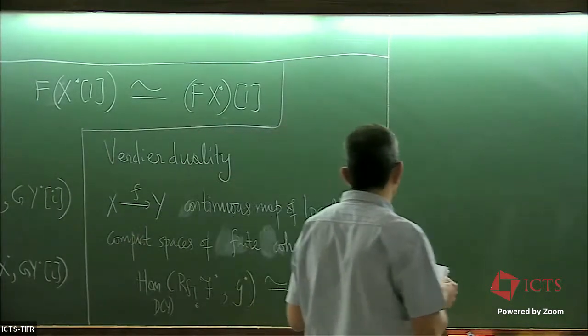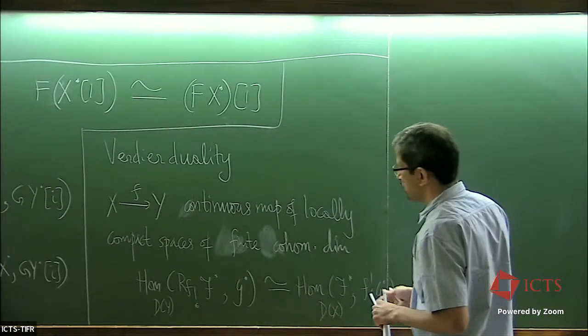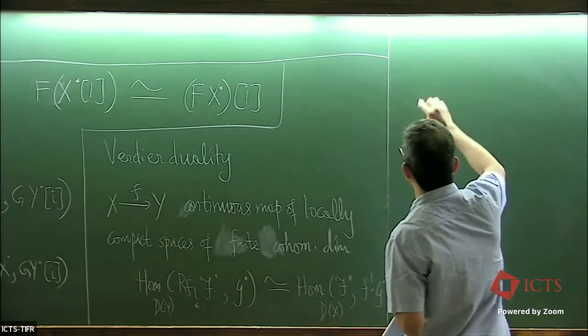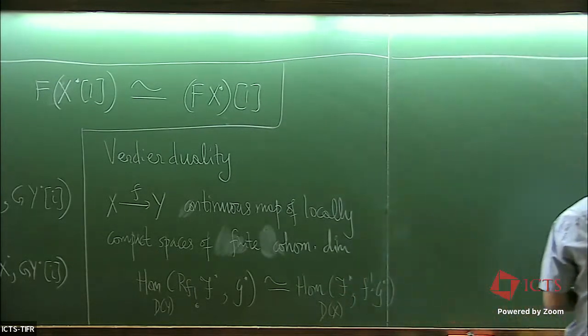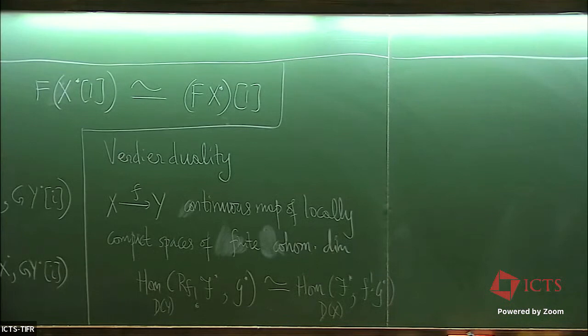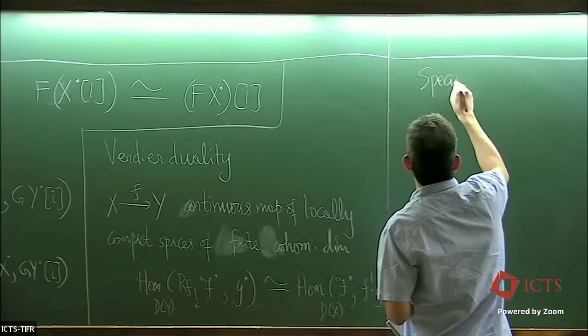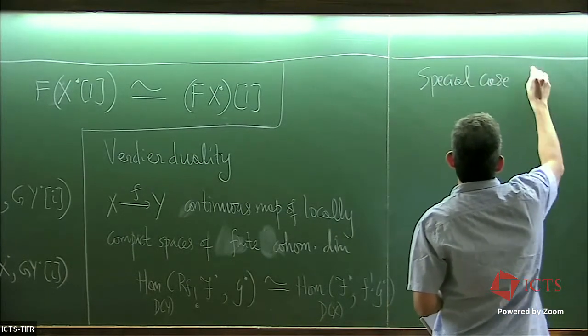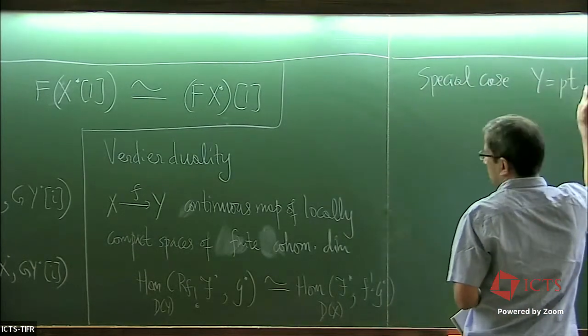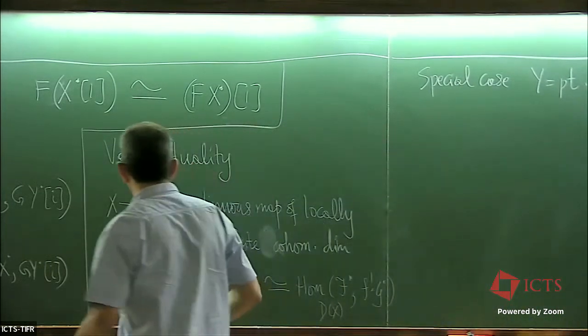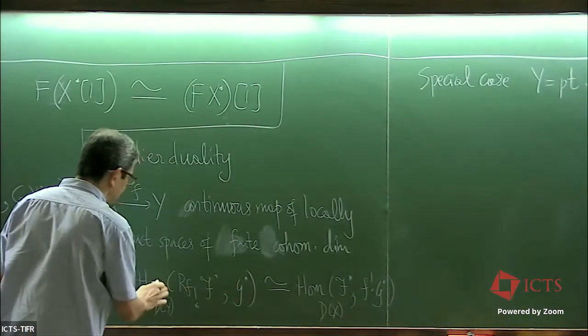I promised last time I'll give a sketch proof in a very special case. The special case is when Y is a point. I forgot, sorry. It was not exactly Y here.